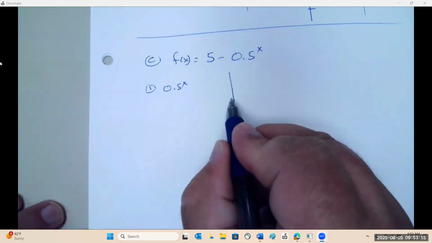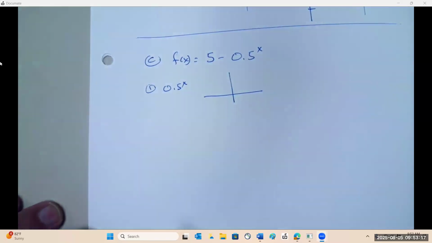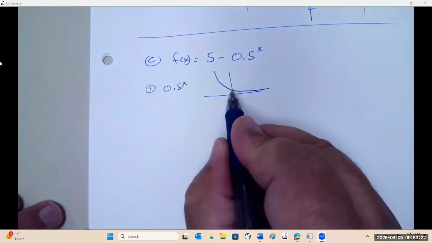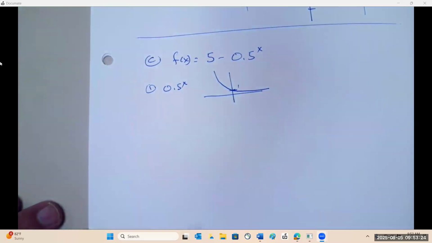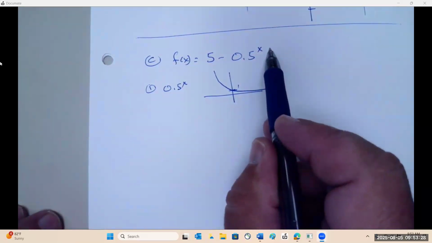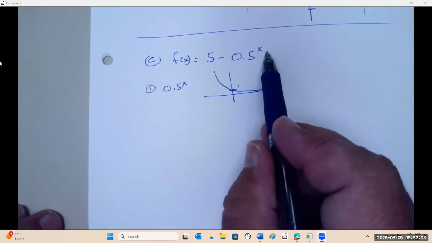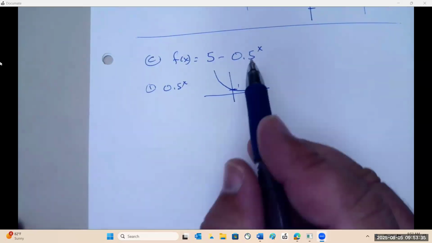What does that graph look like? It's decreasing. So it looks like this. Crosses through 1. Is there a horizontal shift? No, because nothing affects the x.